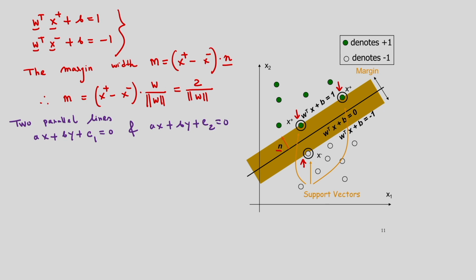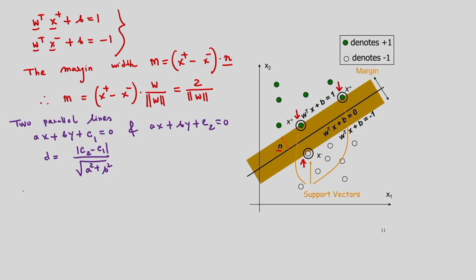So two parallel lines we are considering. What is the distance between these two parallel lines? From coordinate geometry, the distance is c2 minus c1 divided by root over a square plus b square.